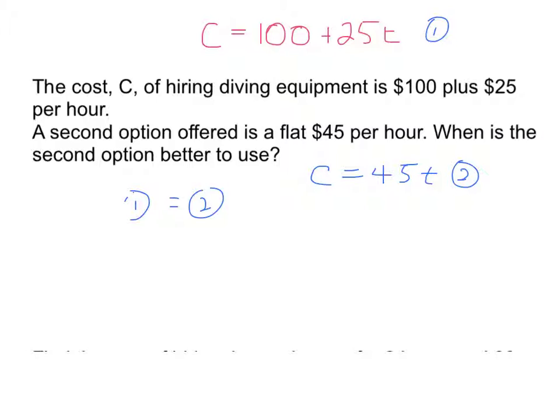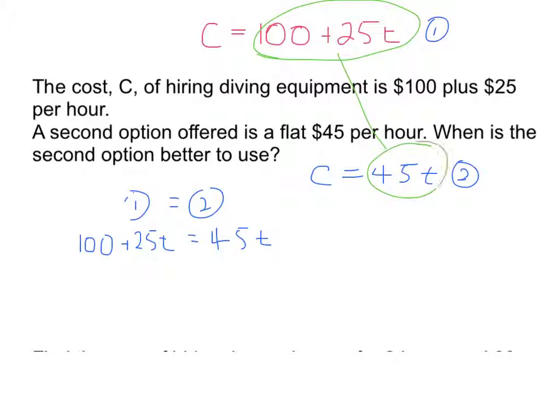So from equation 1 we have 100 plus 25t is equal to, equation 2, C is equal to 45t, so we've just made them equal to each other, because C is equal to C. That's how we can get away with that.